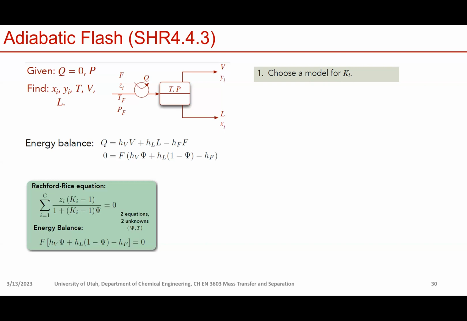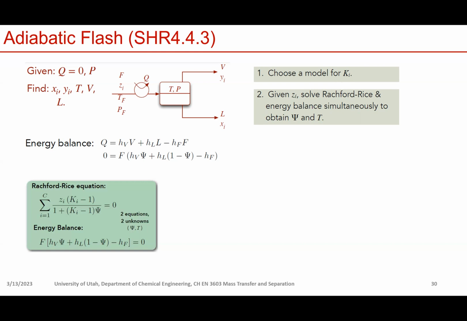And this model of K will correlate your K value with your temperature, pressure, and composition, right? Otherwise, the linkage between K and the temperature is not clear. Once you specify a model, you have that. Then you can solve these two equations to get psi and T, and you have to do this by iteration.